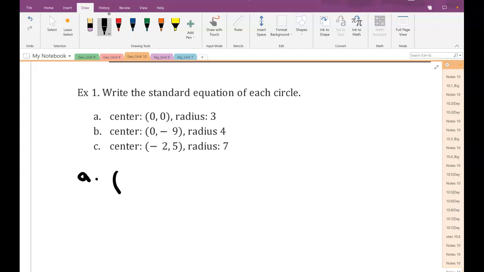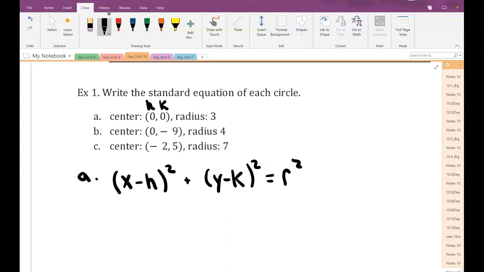We could say, well, it's x minus h squared plus y minus k squared, and that's equal to our radius squared. But like I said, we're only plugging in things for h and for k, and then our center is 0, 0. This is our h, and that's our k.